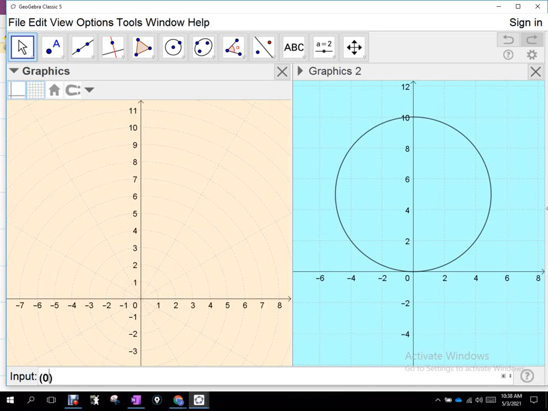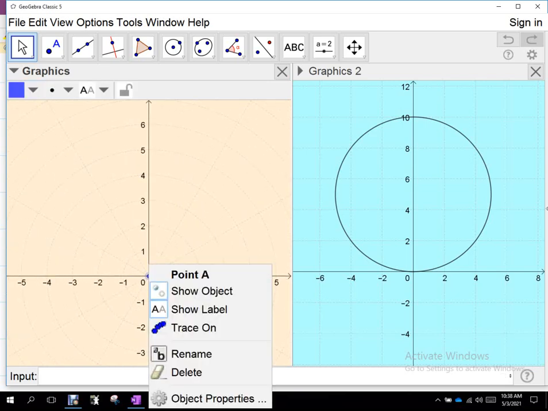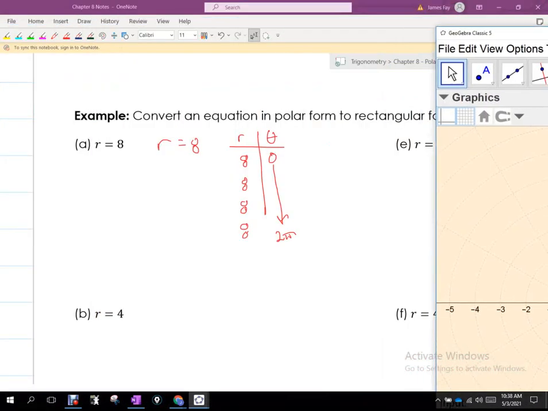If we go 0, 8, not sure why that's doing that.